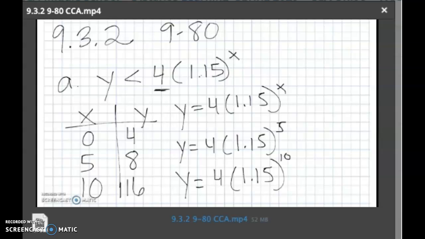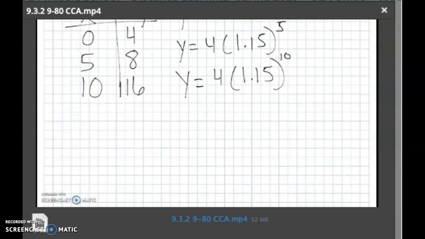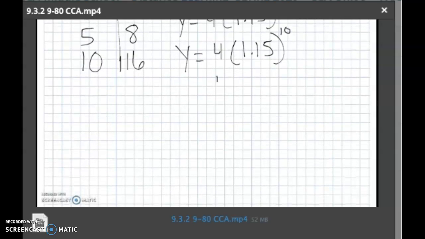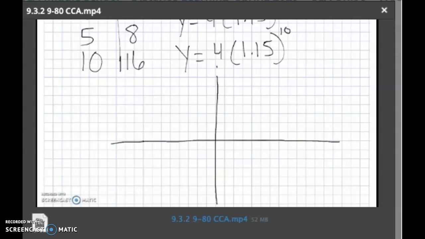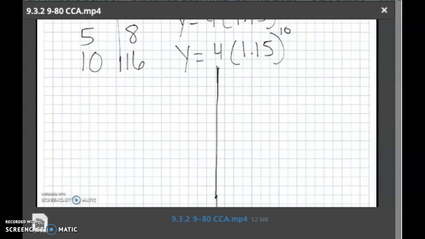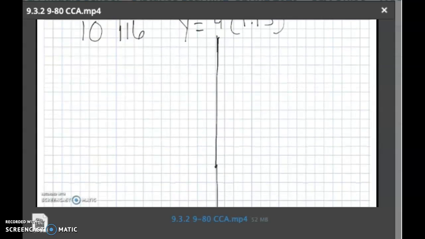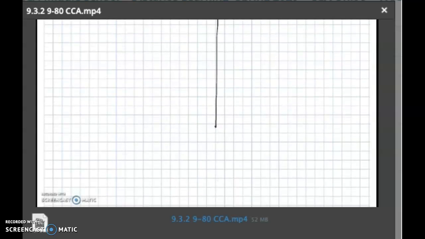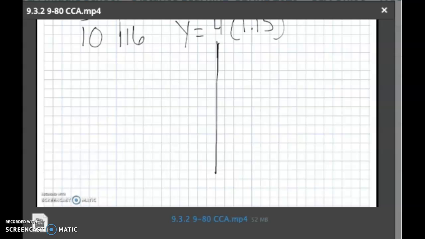Now I just want to make a sketch of this graph using those numbers that I have right there. So I'm going to get my graph set up. I'm looking at my numbers, and I only need a first quadrant graph because I don't have any negatives.